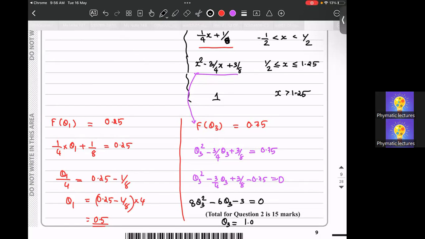One value is 1.093 and another value is minus 0.343. Anyway, this will not be taken. Why? Because Q1 itself is 0.5. So that means Q3 must be a value which is greater than 0.5, right? So the only possibility is Q3 is equal to 1.093.